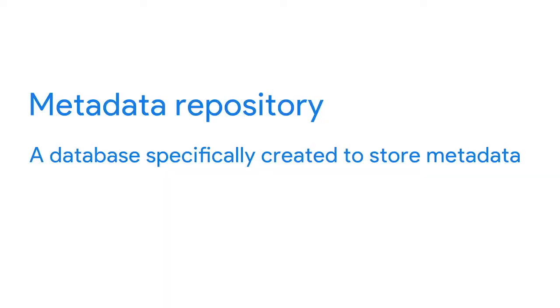One of the ways data analysts make sure their data is consistent and reliable is by using something called a metadata repository. A metadata repository is a database specifically created to store metadata. Metadata repositories can be stored in a physical location or they can be virtual, like data that exists in the cloud.